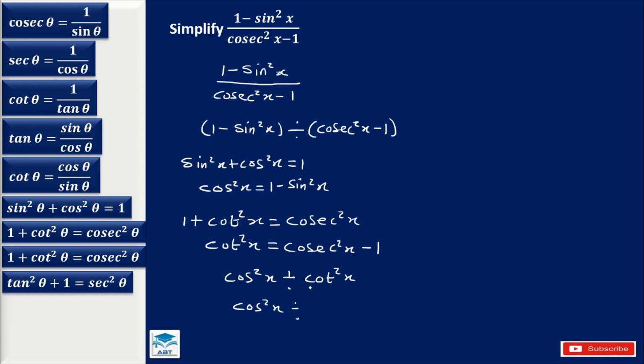But cot x is equal to cos x divided by sine x. So cot square x is cos square x divided by sine square x.